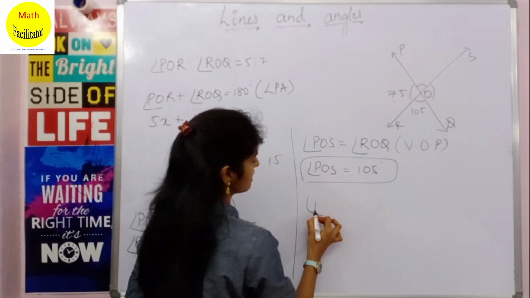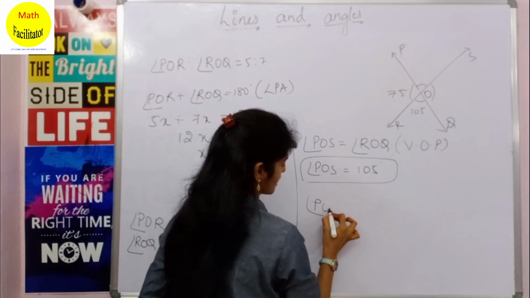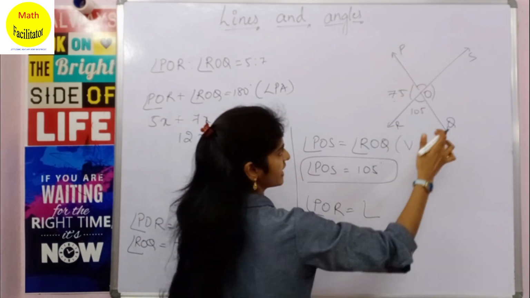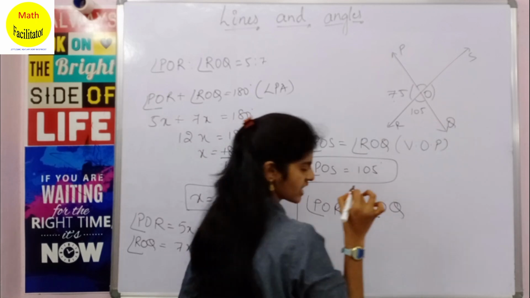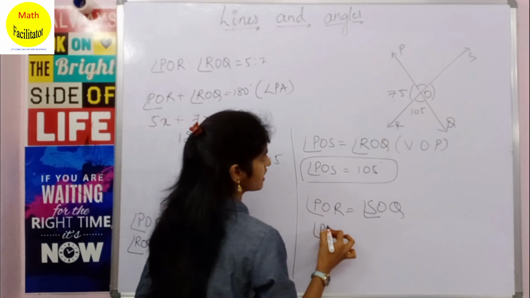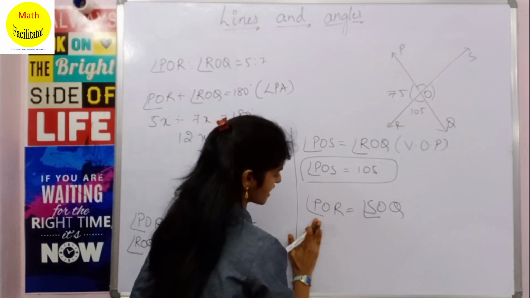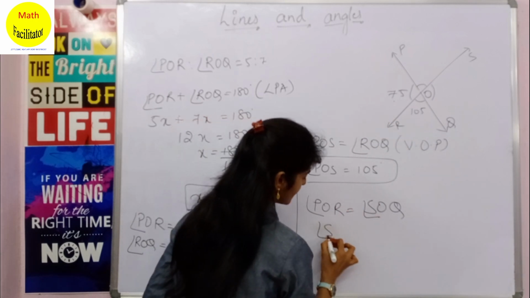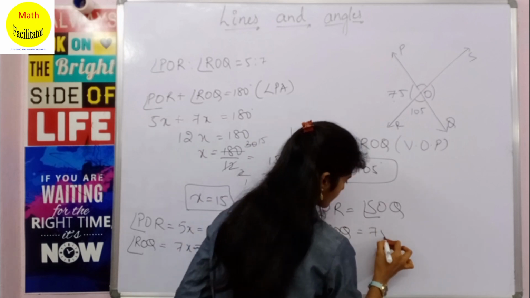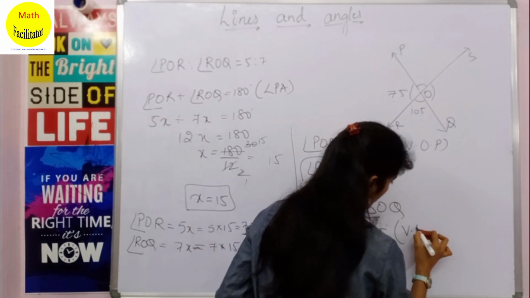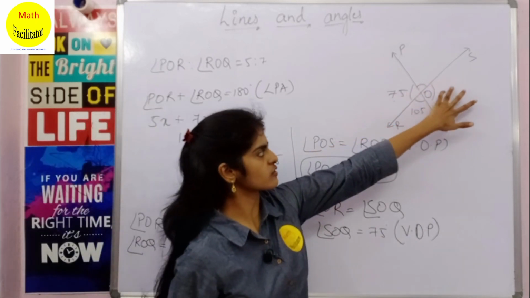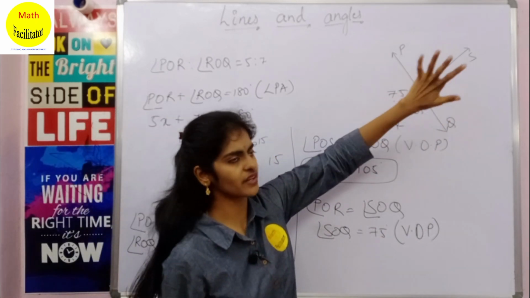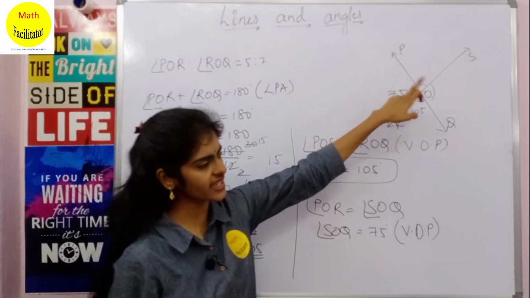So angle POR is equal to angle SOQ. POR you got as 75, so angle SOQ is also 75 degrees, because vertically opposite angles are equal. So this is 75, this is also 75, this is 105, this is also 105. In this way you got all the 4 angles.